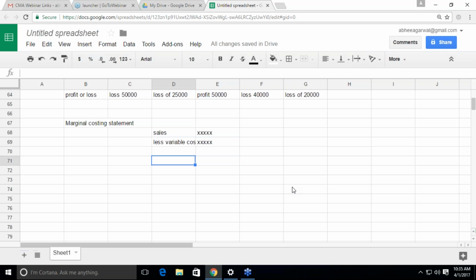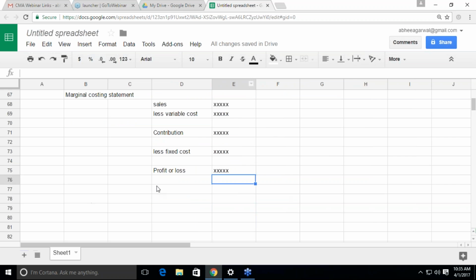Sales minus variable cost will be contribution, less fixed cost. Contribution less fixed cost will be profit or loss. This is your marginal costing statement.